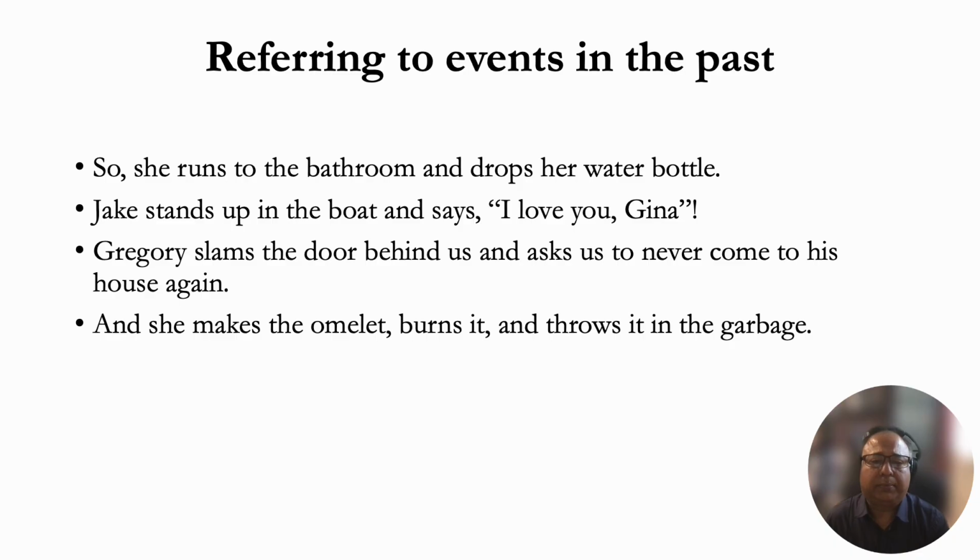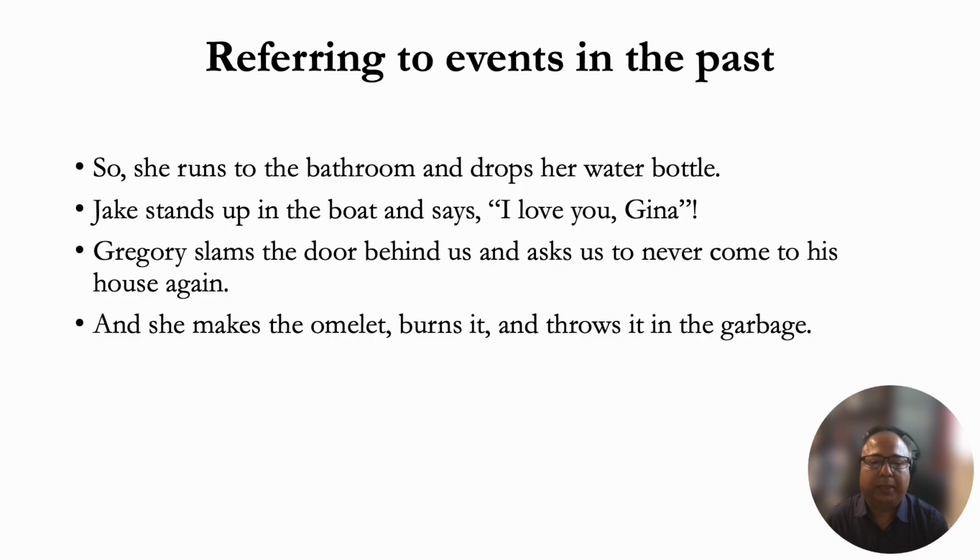Referring to events in the past. So sometimes people use the present tense to refer to the past. You know what happened? I went there. So she runs to the bathroom and drops her water bottle. People say, oh, wow, she did that. But the speaker is referring to the past, something that already happened. Jake stands up in the boat and says, I love you, Gina.